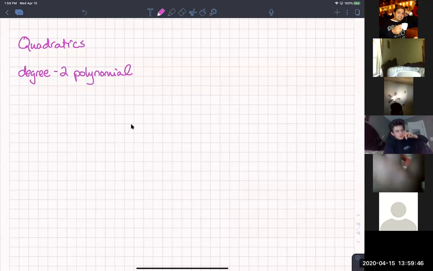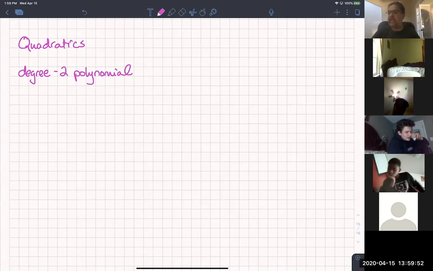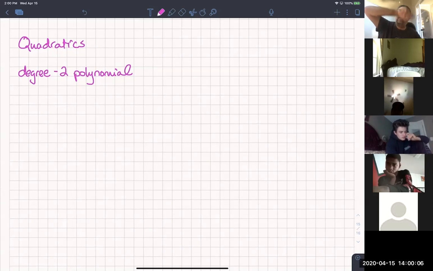Well, think about it. If you take any object and you throw it up in the air with your right hand and catch it with your left hand, which I can't catch, the path that it takes in the air is this path right here.